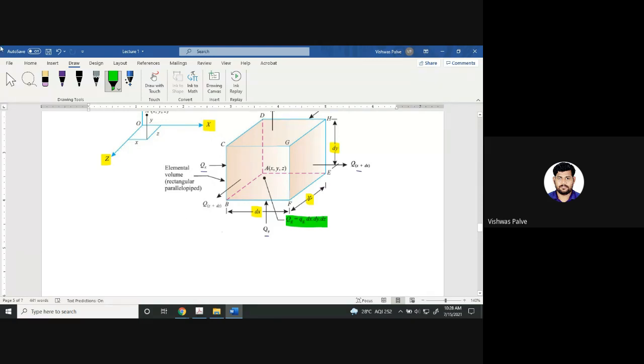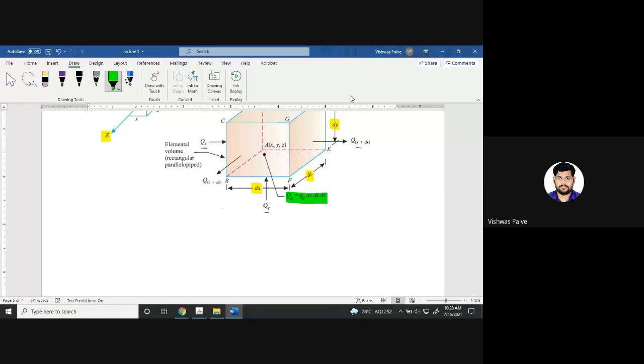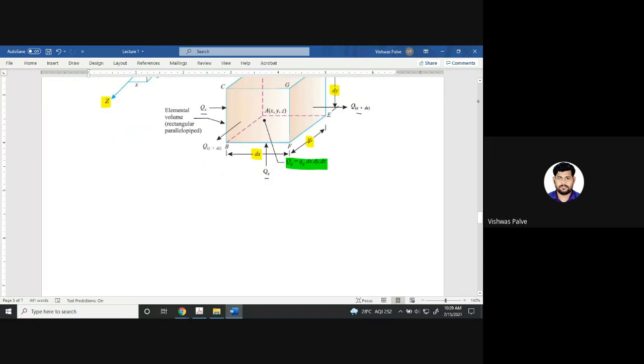So here I can write kx, ky, kz is equal to the thermal conductivities in the x, y, and z direction respectively.